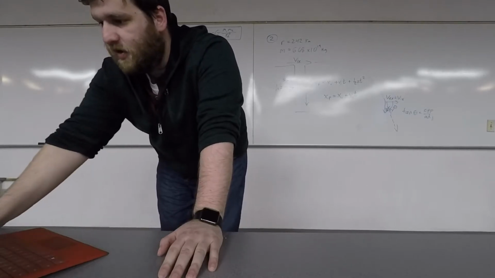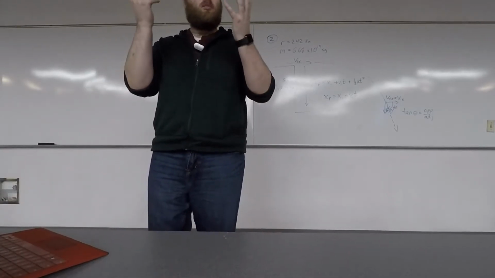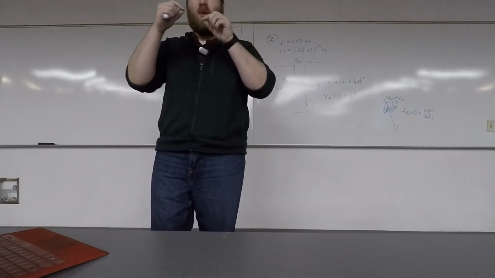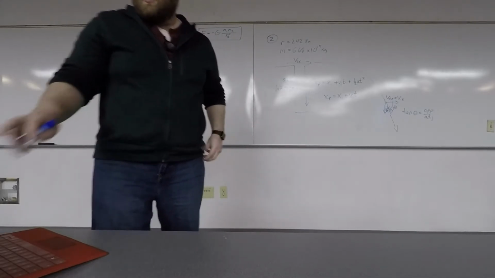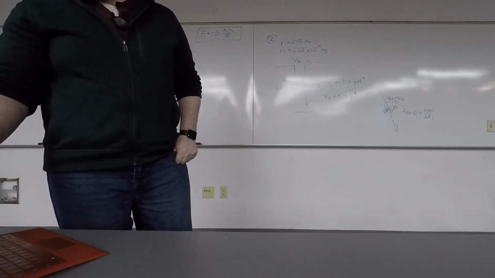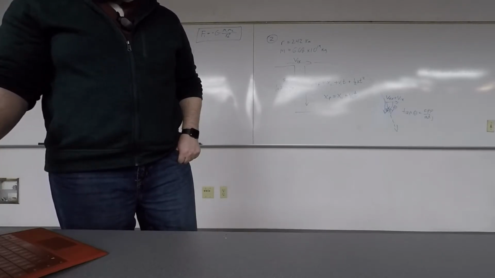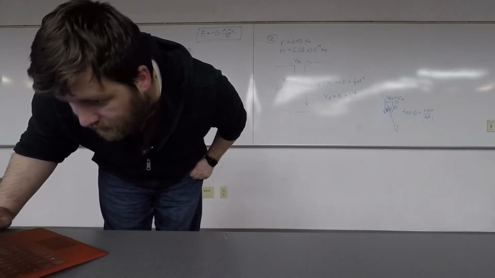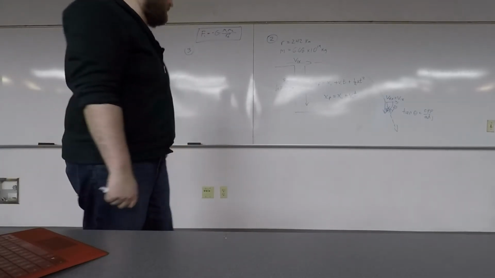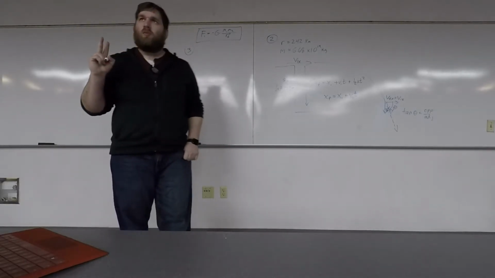The question says you have 2 stars, binary stars, same mass, rotating around the middle point, the center of mass. Now, there's a couple ways you can do this, but I prefer, let's see, I use conservation of energy, yeah. So there's 2 forms of energy.